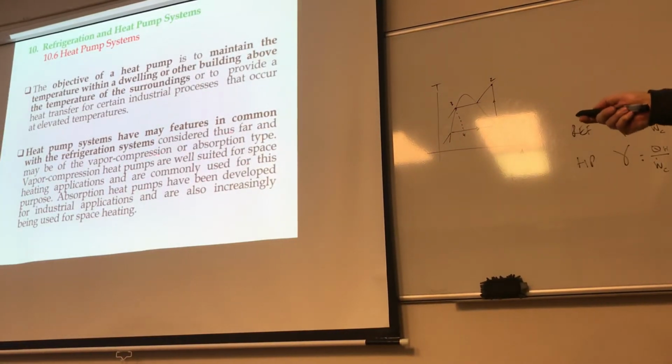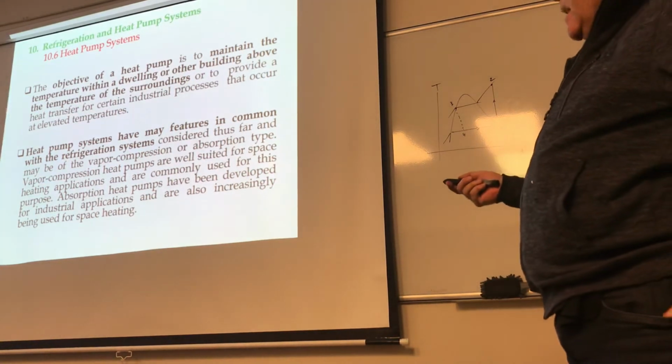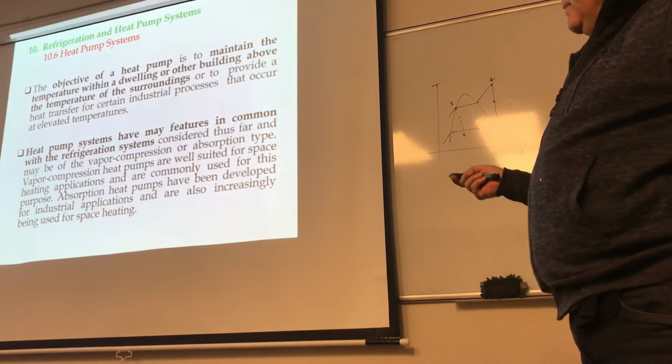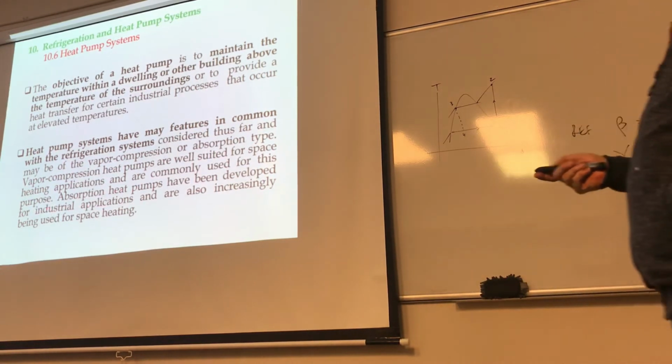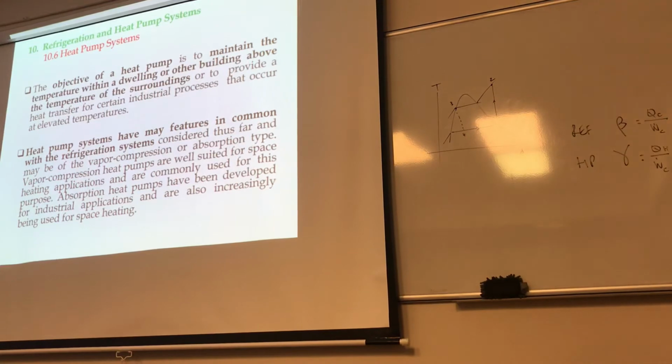They can be of the vapor compression type, or they can be of the absorption type, because it is the same cycle after all. Vapor compression heat pumps are well suited for space heating applications and are commonly used for this purpose. Absorption heat pumps have been developed for industrial applications. All that stuff that we've been talking about, where you have rectifiers and heat exchangers, is for really heavy duty industrial applications.